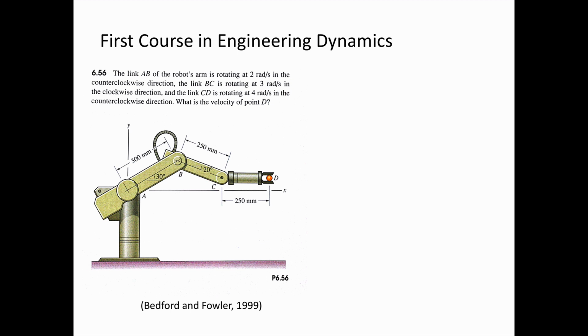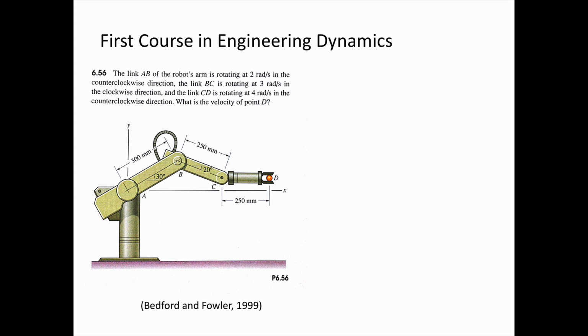And we're told that the link AB is rotating at a particular speed in a particular direction. We're told what link BC is doing as well, and we're told how link CD is rotating. Now, we have this definition of all the velocities for each of the joints, but we might really be interested in, well, what is the velocity with respect to an inertial reference frame of the end effector at point D?